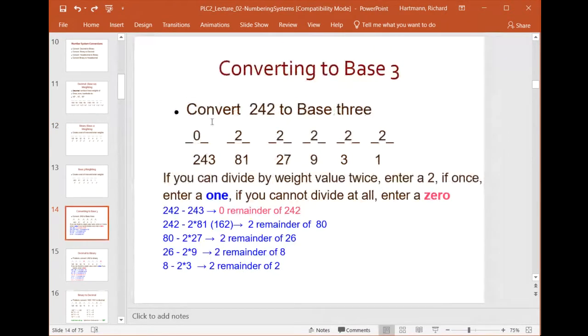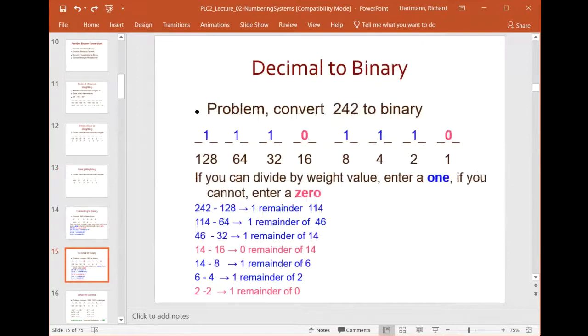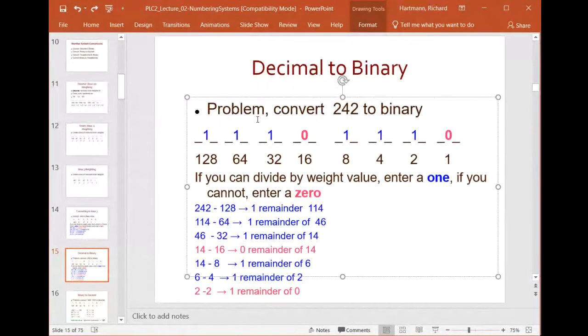and we take a number, in this case I'm going to take the number 242 base 10. So this is the number 242 base 10 here. I should have had a base 10 there.